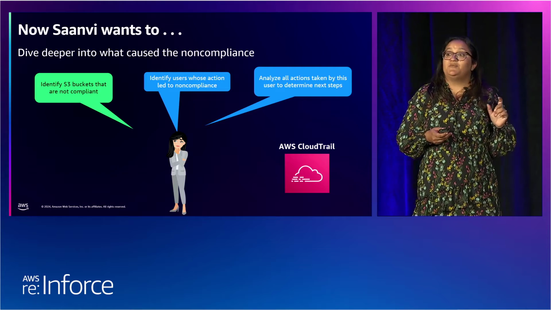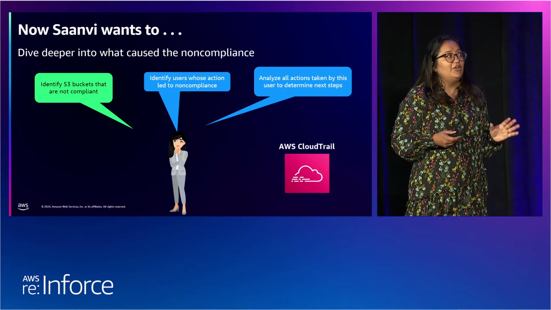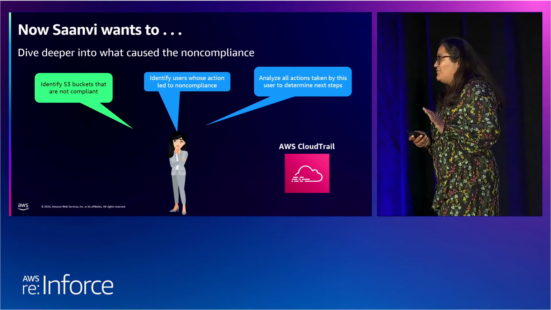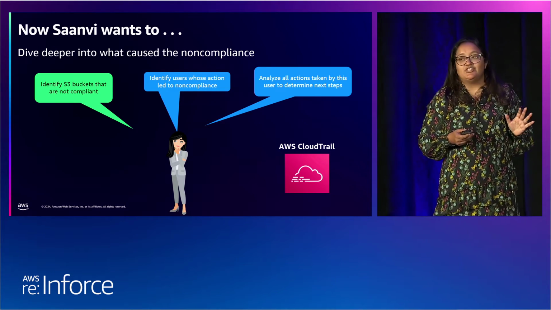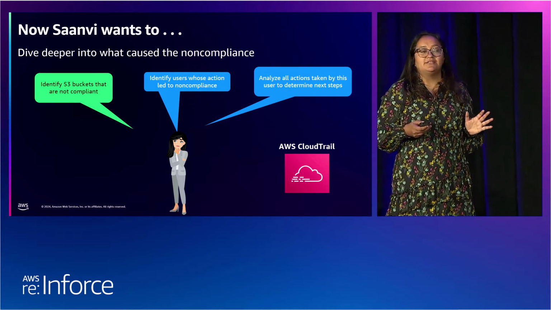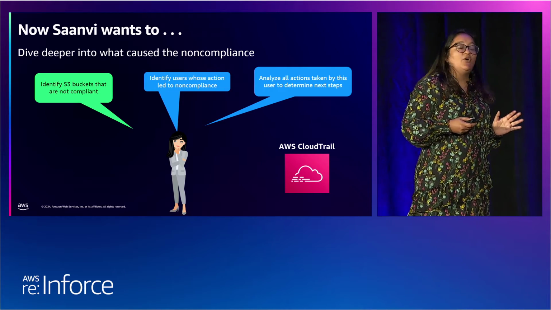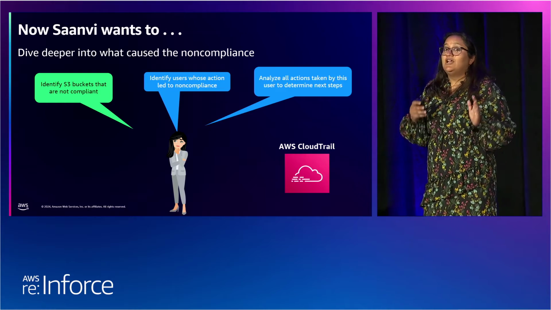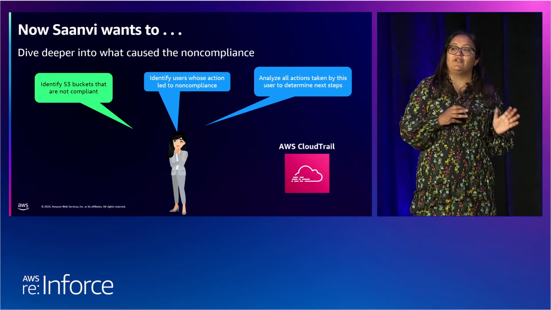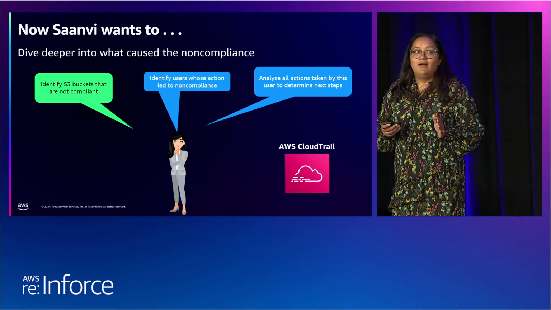Is it suspicious behavior that she should dive into? So she's all into her investigative mode, and she wants to dive deep into this data. She knows that AWS CloudTrail is a service that provides her with audit logs that have information on who did what and when. So she knows that after Config, that's where she needs to go.